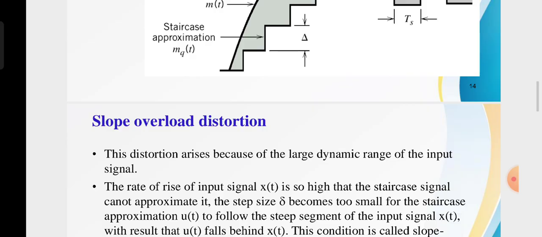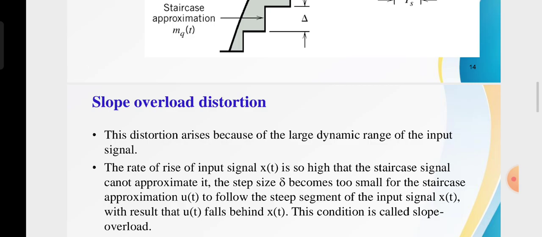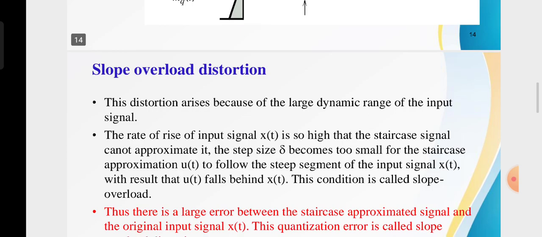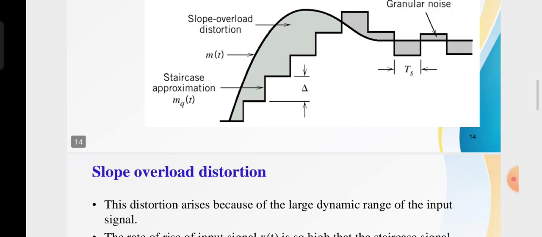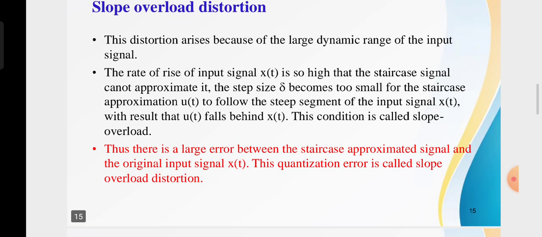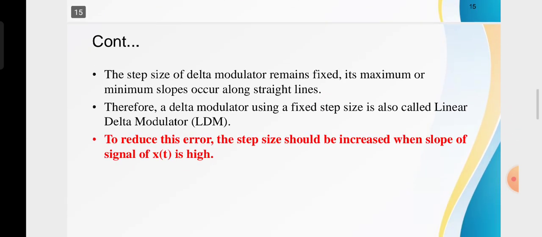The step size delta is too small for the staircase approximation u of t to follow this steep segment of the input signal x of t. As a result, u of t falls behind x of t. This condition is called slope overload distortion. There is a large error between the staircase approximated signal and the original input signal x of t.